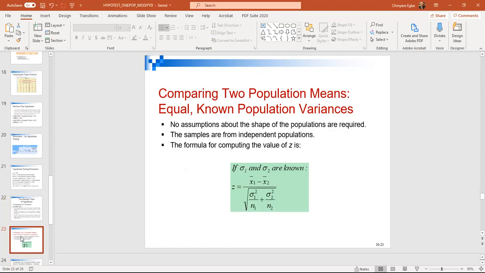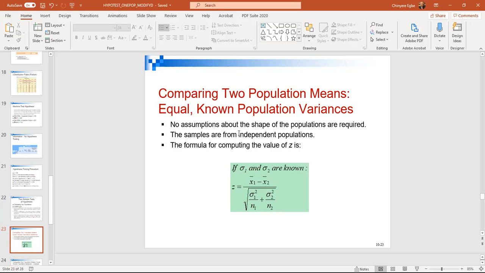Okay. The way you go about that is very simple. In order to do a hypothesis test for one population, you calculate the mean, you calculate the standard deviation, and you choose a level of significance. And so when you're doing a test for two populations, you go through the same thing. You calculate the sample mean for one population, then you calculate the sample mean for the second population, then you calculate the standard deviation for one population, and you calculate the standard deviation for the other population.